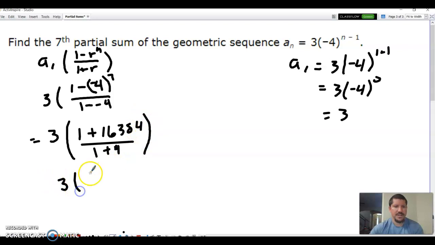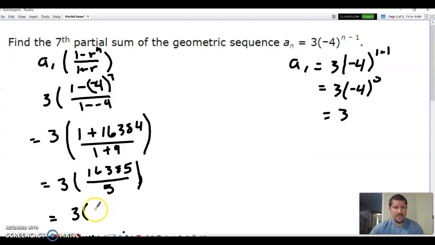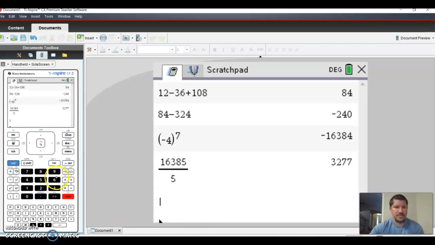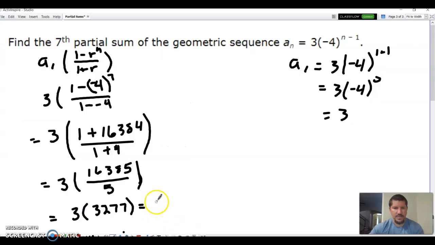Okay, so 3 times 16,385 over 5. So that's going to be 3 times 16,385 divided by 5 gives us 3277. And then we multiply those, and we get 9831.